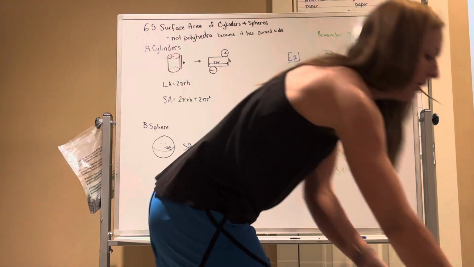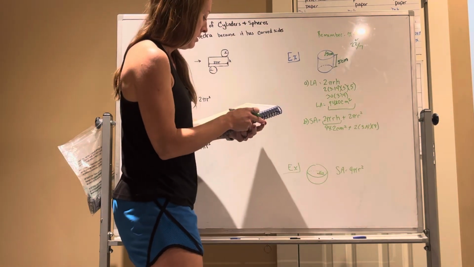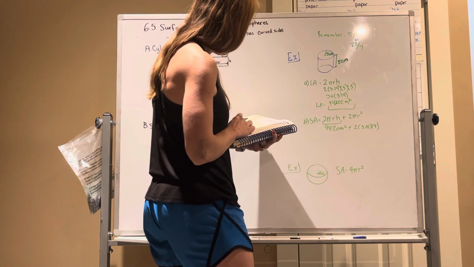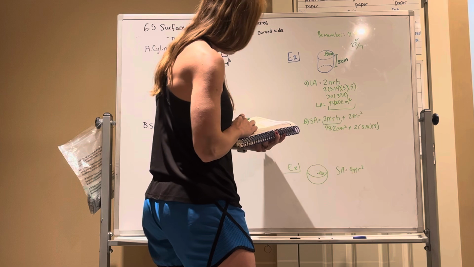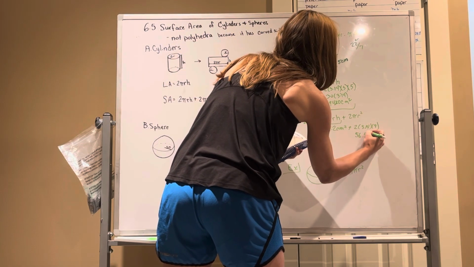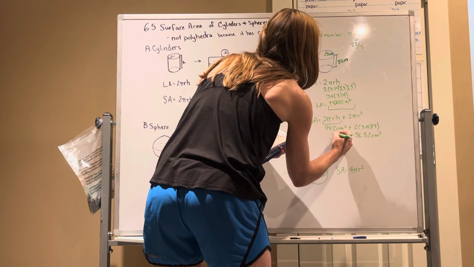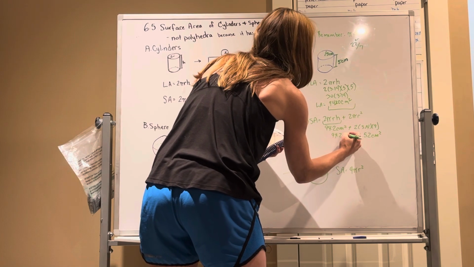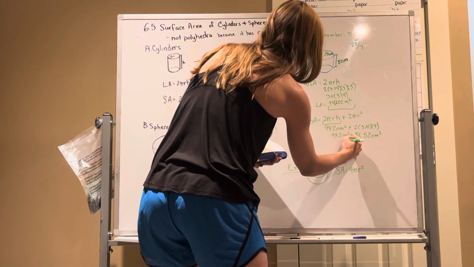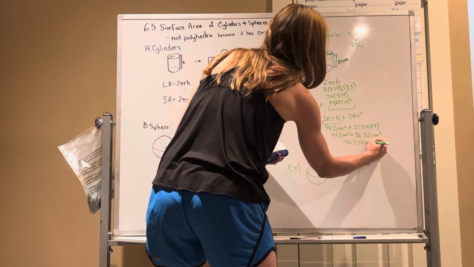I'm going to skip over that one for sake of time, because it's going to be 18 times 3.14, which is 56.52 centimeters squared, plus 94.2 centimeters squared, which equals 150.72 centimeters squared.